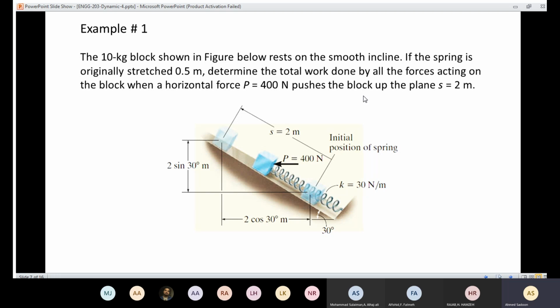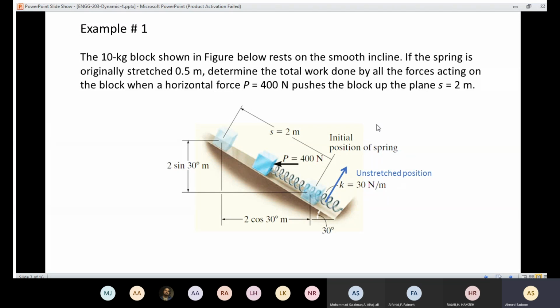They say that the spring is originally stretched 0.5, so before we apply that load, the spring has its stretch equal to 0.5. So here we have a stretch of 0.5, which means that here I have the unstretched position. So my reference is here in order to determine the work on the particle because of the spring.